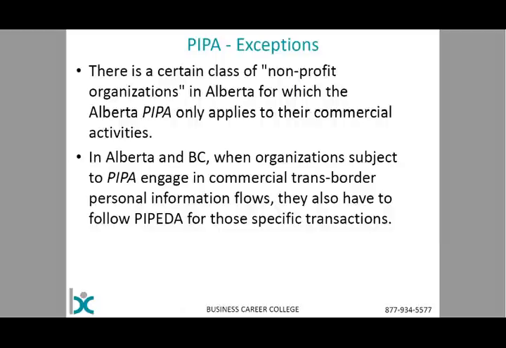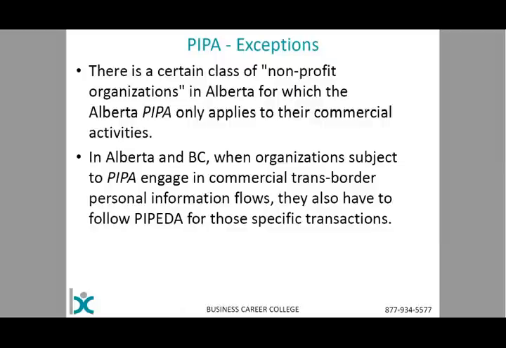So if, for example, you were located in Saskatchewan, buying something from someone in Alberta, the organization would be responsible to follow Alberta's PIPA regulations for your personal information, but also the PIPEDA regulations for your personal information. Because the regulations are substantially similar, this shouldn't make a huge difference in how it's handled, but there may be a few extra things to keep in mind.